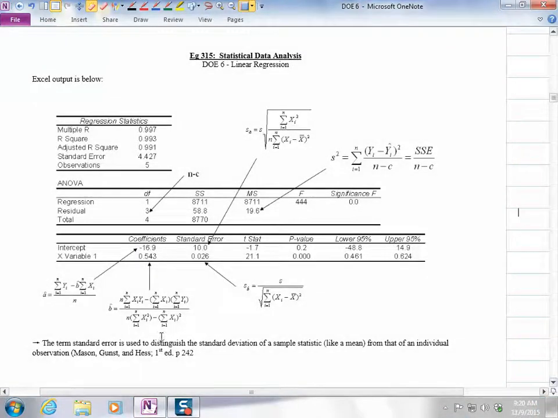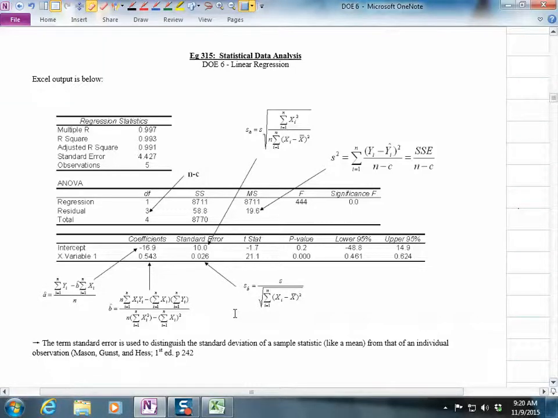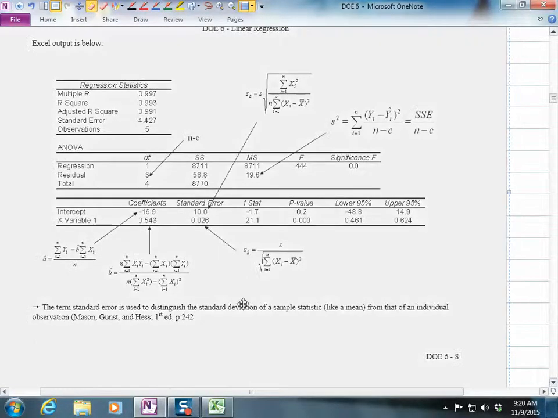So while that's going, hopefully, this is the output of a regression analysis in Excel. So just looking at what you get from it.